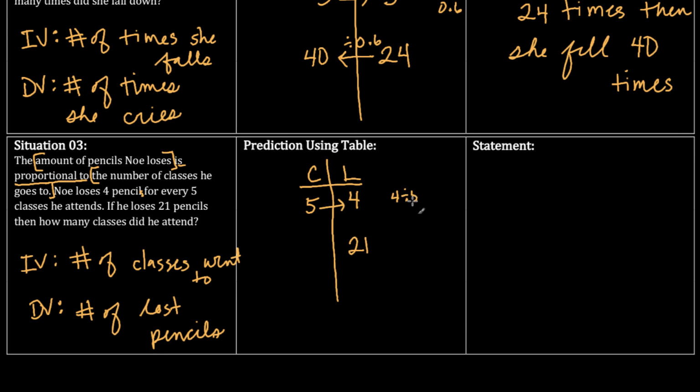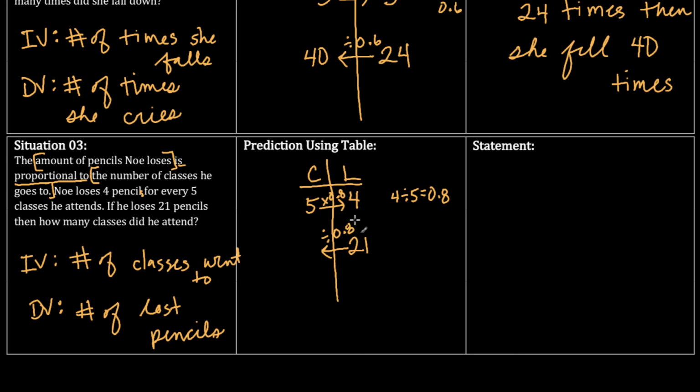4 divided by 5 is 0.8. So that means 5 times 0.8 is 4. So if I'm going to go backwards, I'm not going to multiply by 0.8. I'm going to divide by 0.8.